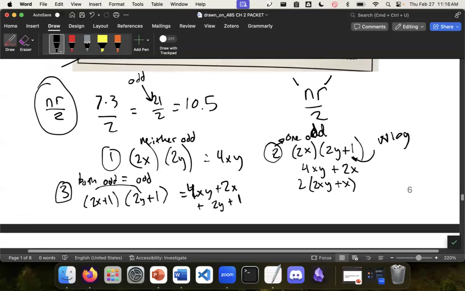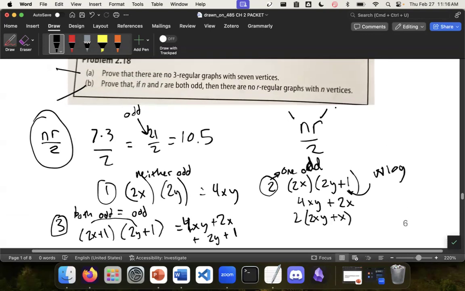And so this is where we get our contradiction. So when we assume that n and r are both odd, which is our assumption here, then the numerator will be odd, which gives us an impossible number of edges.